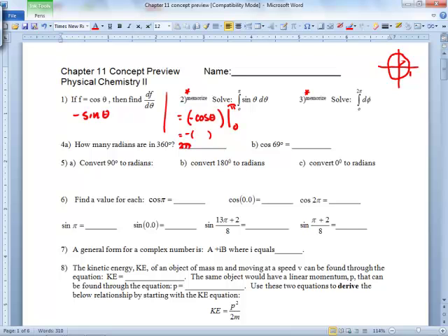I don't know, right there. If I could blow that up bigger, that's my theta. Right? That's my theta. See the triangle I'm trying to draw here?